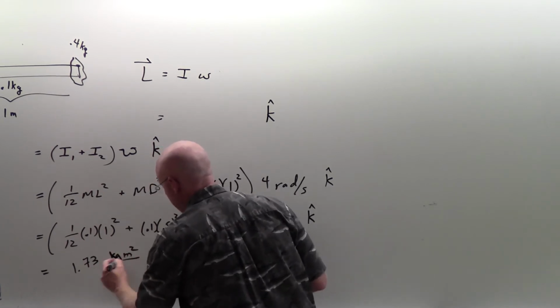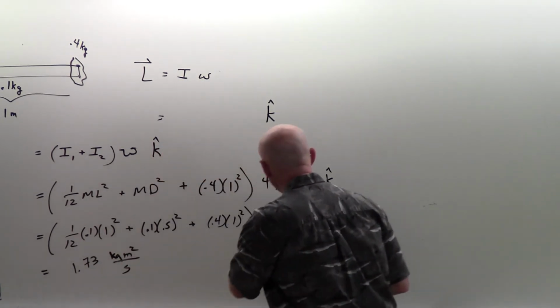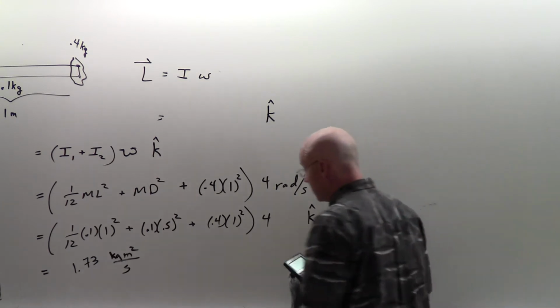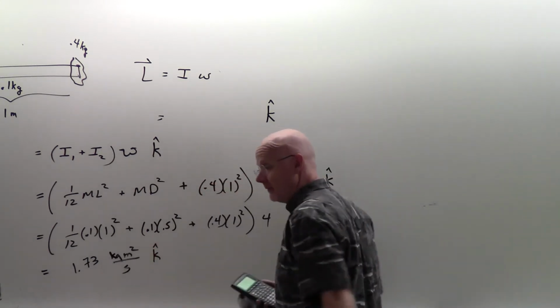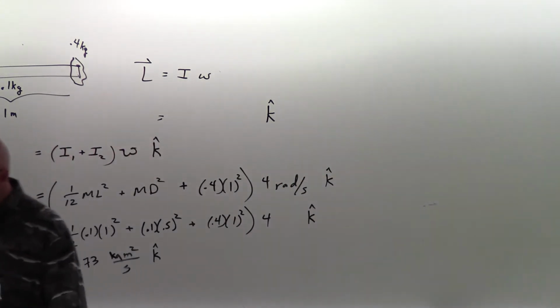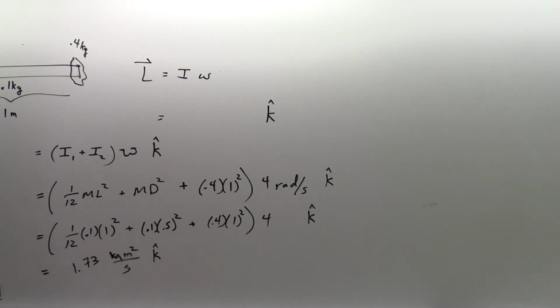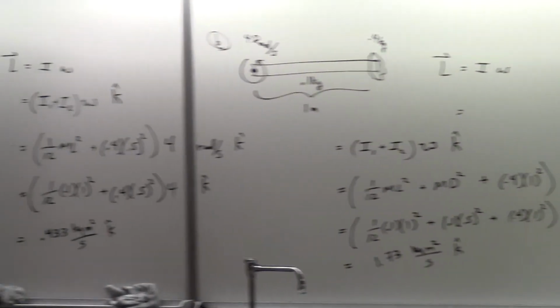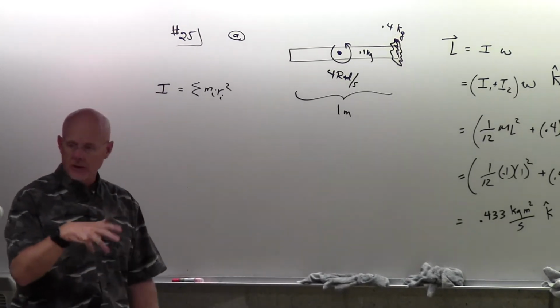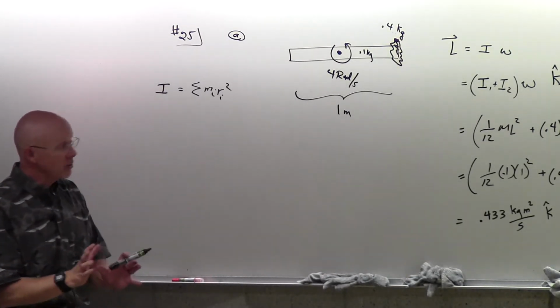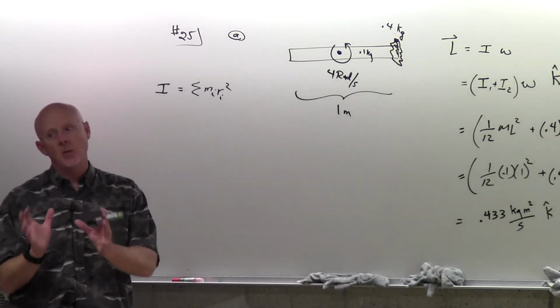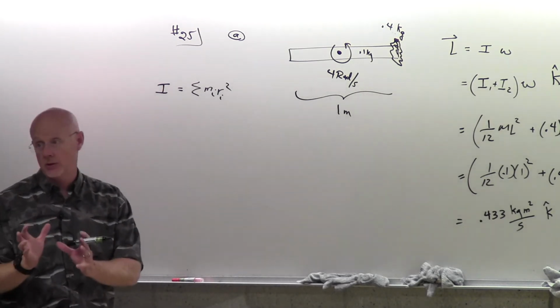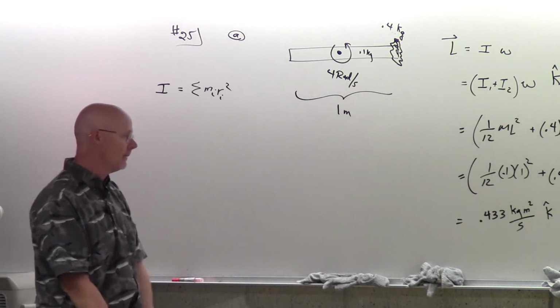In terms of distance, I'll do meters. I'll drop the word radian and then just have seconds, and it's in the positive z direction, and there would be the angular momentum. So again, hopefully a straightforward one. It's a nice one in terms of angular momentum, but it's also one that shows you how the angular momentum depends on what point you're calculating it about, and in this case, which one it is rotating about.